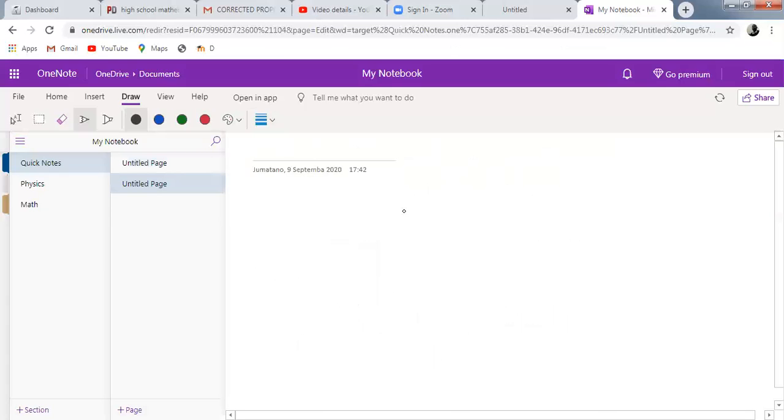Another basic mathematical operation is the multiplication. Whenever we are talking about multiplication here, we refer to the product, for which we normally use the sign times.